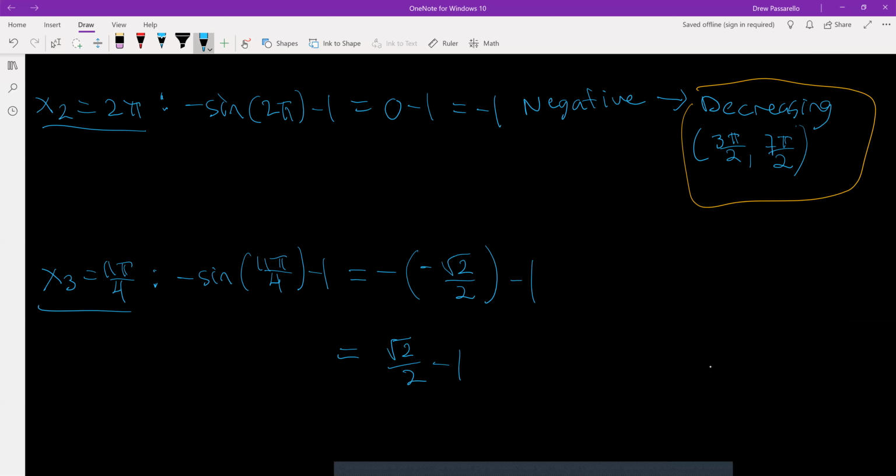And if you were to do that in your calculator, you'll get this to be a negative number. So since that's negative, it's decreasing on the last interval, 7 pi over 2 to 4 pi.